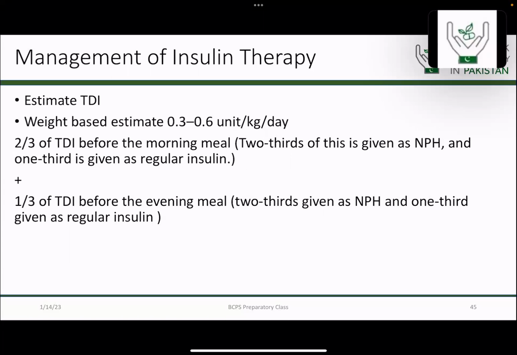So you have to calculate total daily insulin, then administer 2/3 before the morning meal and 1/3 before the evening meal.